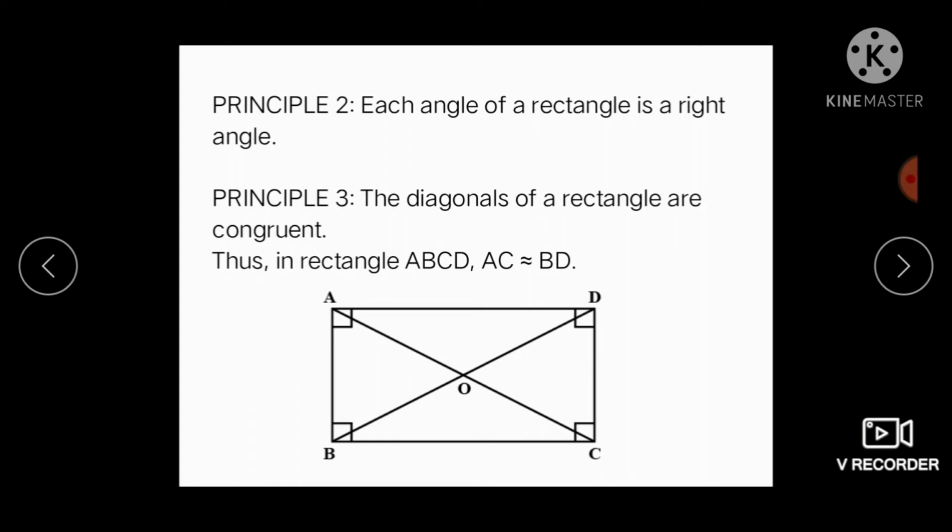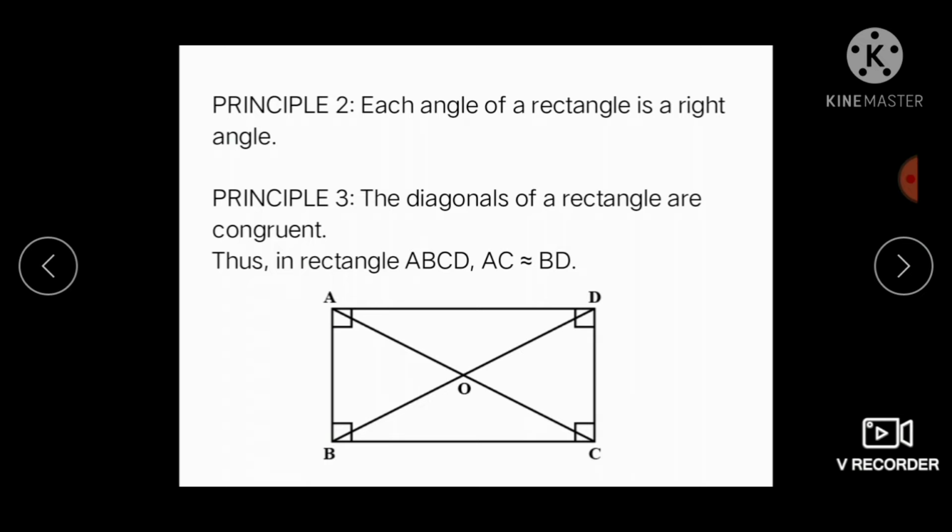So let's go to principle 3: the diagonals of a rectangle are congruent. Let's say this triangle ABC and triangle DCB. If we can show that these two triangles are congruent, then we can show that the diagonals of a rectangle are congruent. We know that the opposite sides of any parallelogram are congruent or equal, so side AB must be congruent to side DC.